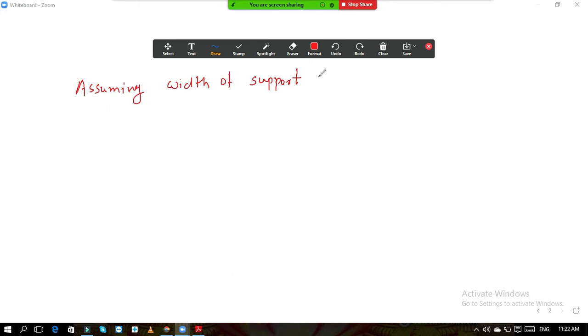So I have assumed width of support as 150 mm. Here also you can assume width of support if you want, 230 mm. Okay. So the first thing is the depth calculation.